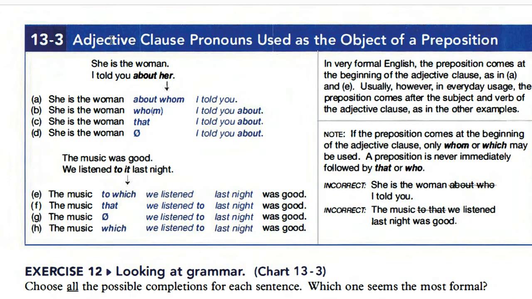And the last for the lesson here, we have adjective clause pronouns used as the object of a preposition. The preposition, as in the slides, should precede the relative clause, like here before whom we put about. Again, examples you need to understand: She is the woman whom I told you about, and she is the woman that I told you about. In formal English we have to put the preposition before, so it comes at the beginning of the adjective clause.